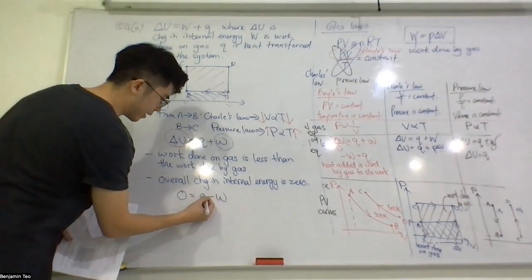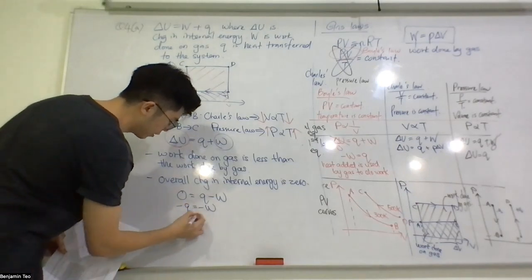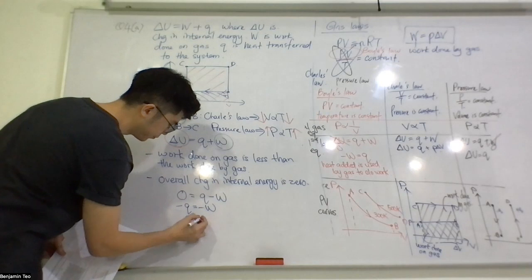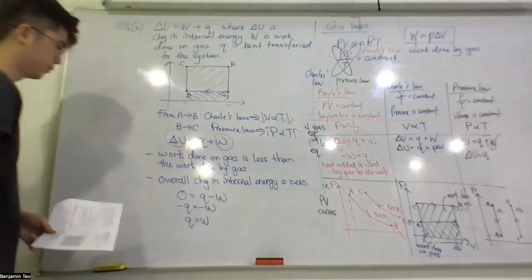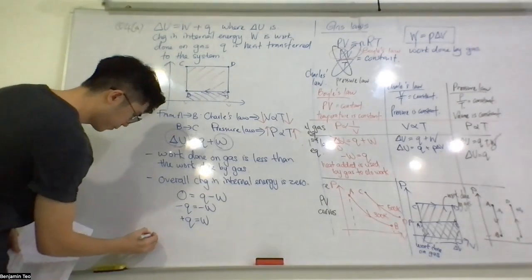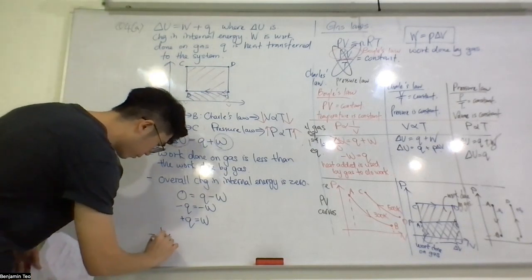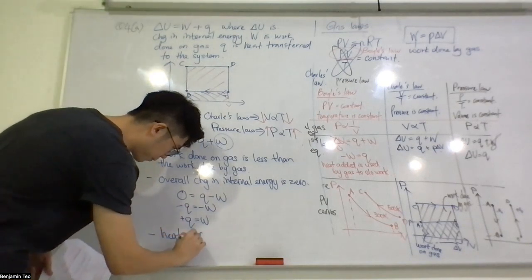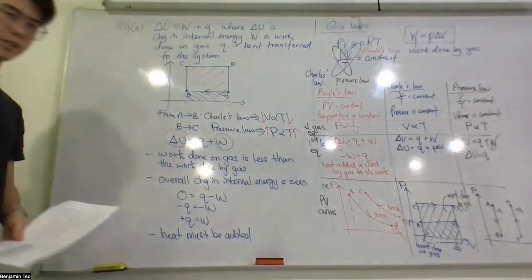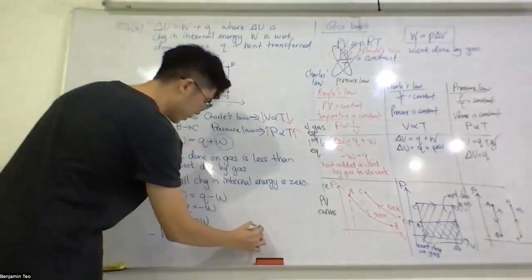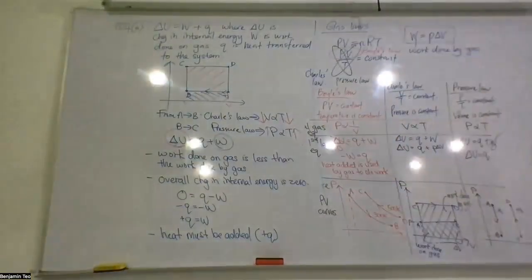So the net W is negative. Then Q equals W, which is positive. That means heat must be added for this to be possible, since it is a plus Q. Heat must be added.